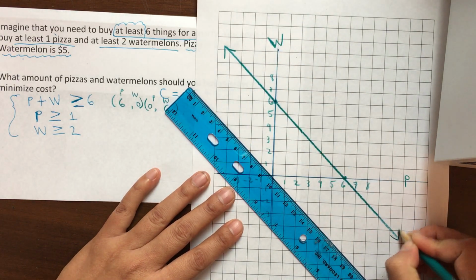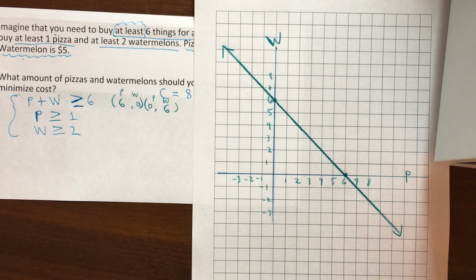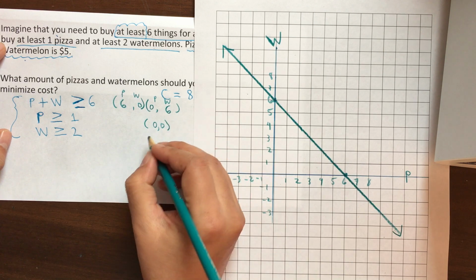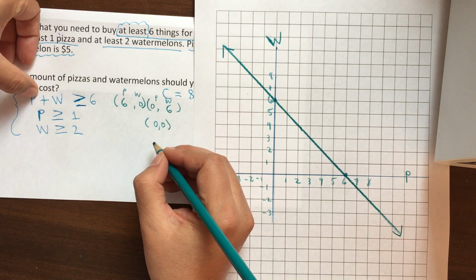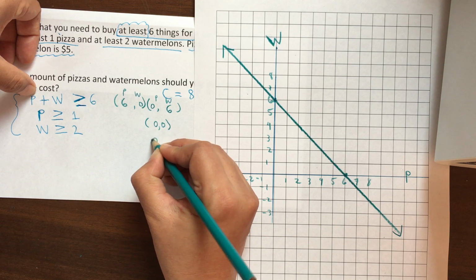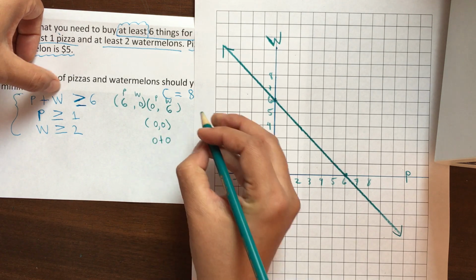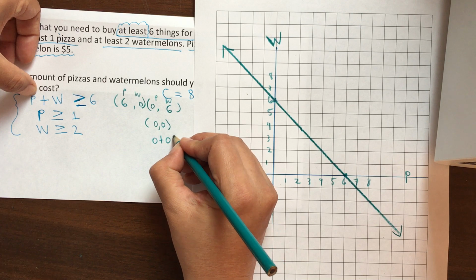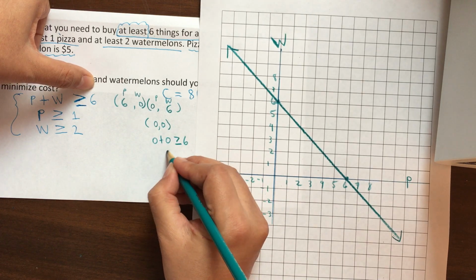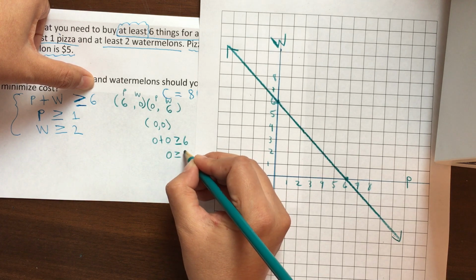And for my shading, I will need a testing point. You know that my favorite is 0, 0 because it helps me eliminate a lot of the work. Why? Because you replace the variables by 0. So 0 pizzas plus 0 watermelons should be greater or equal than 6. 0 plus 0 is greater or equal than 6.